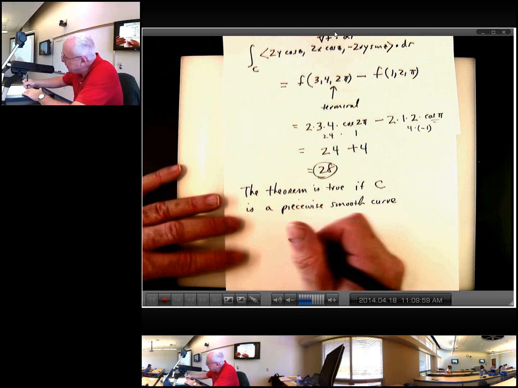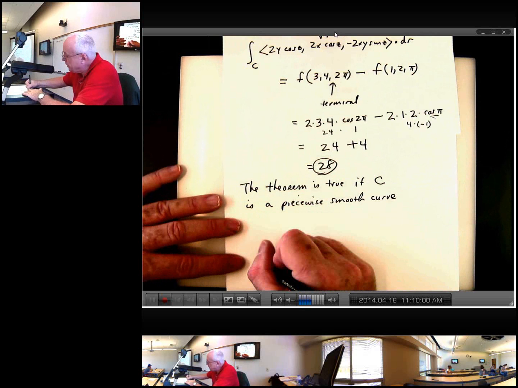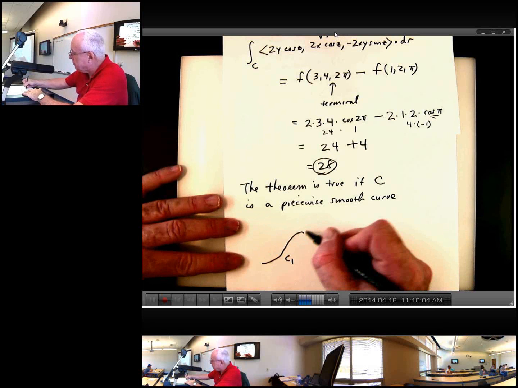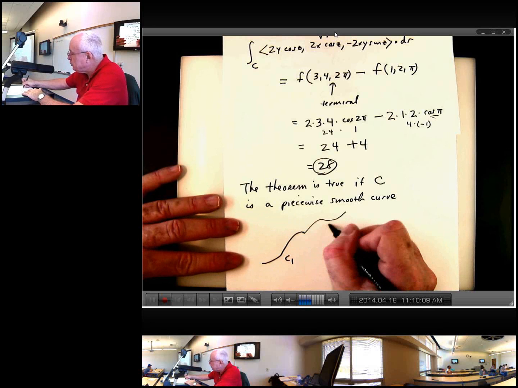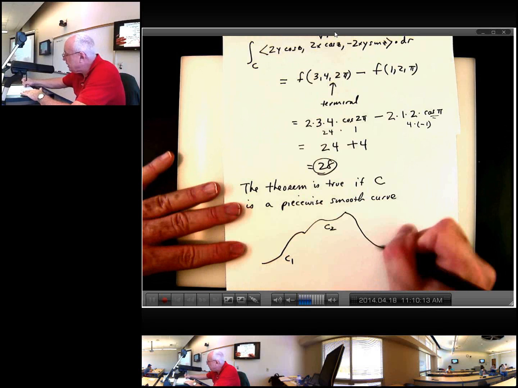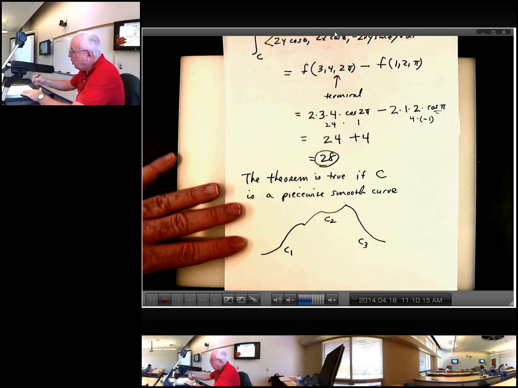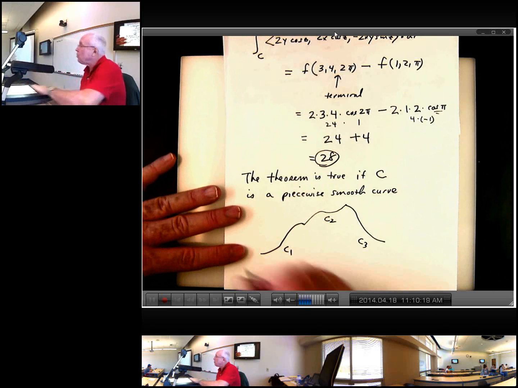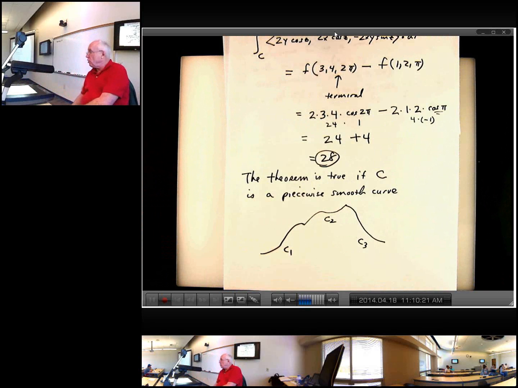So something like we can have C1 like this, and then we have some point here, and then we have C2, another smooth curve, and then we have C3. All of the individual curves are smooth, and so it would work along this entire curve.